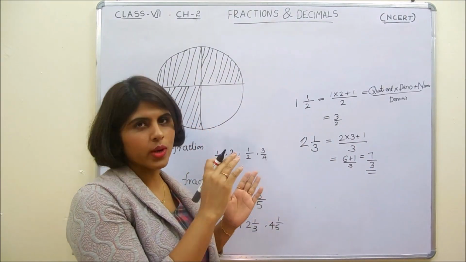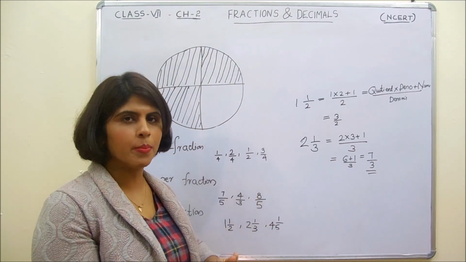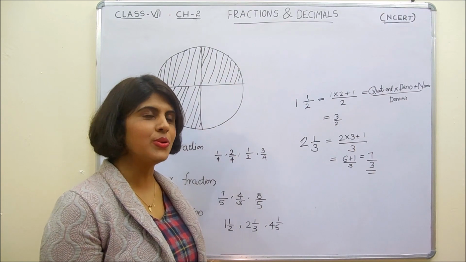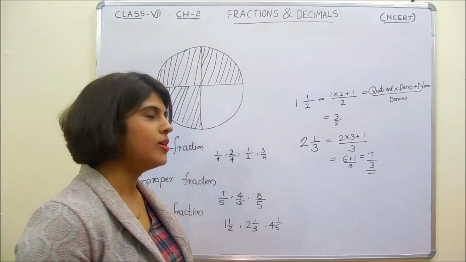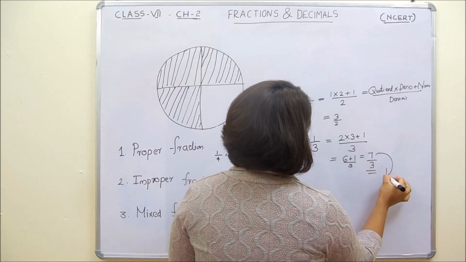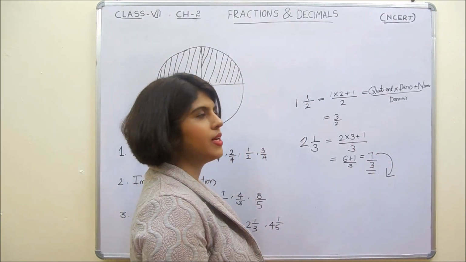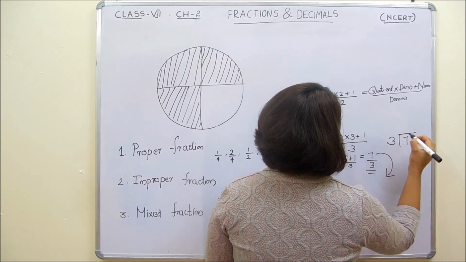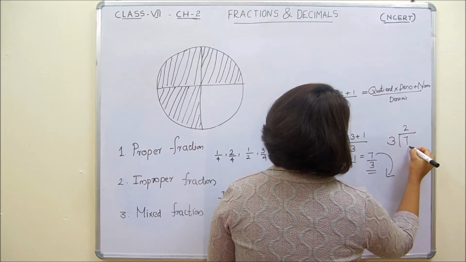So we have seen how we can convert a mixed fraction into an improper fraction, and we can convert an improper fraction into a mixed fraction. How? If we have to convert this 7 by 3 into a mixed fraction, how can we convert? We can divide 7 by 3. Then 3 2s are 6.